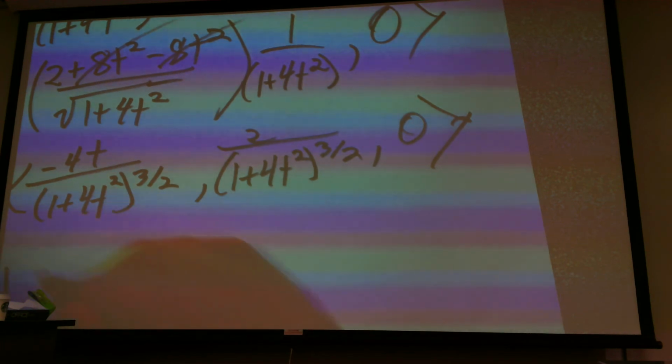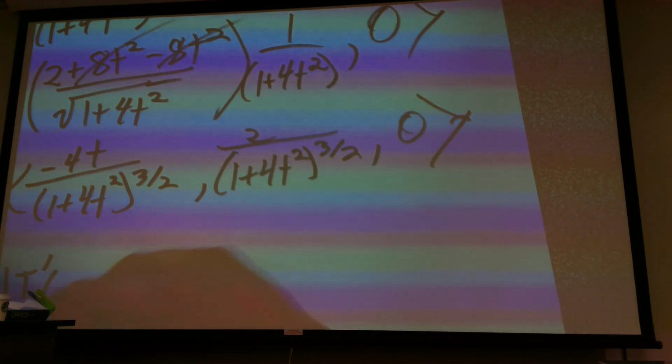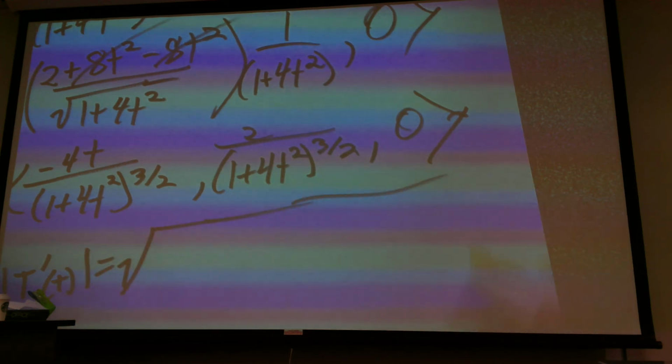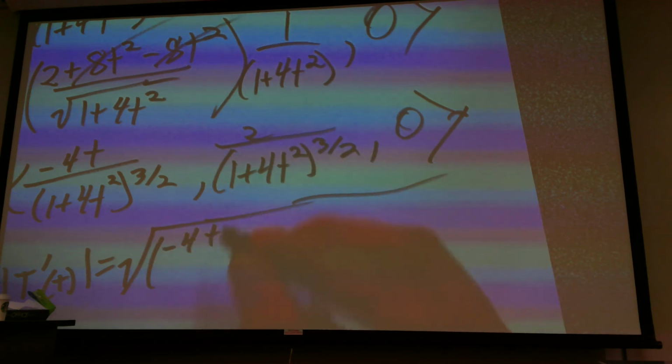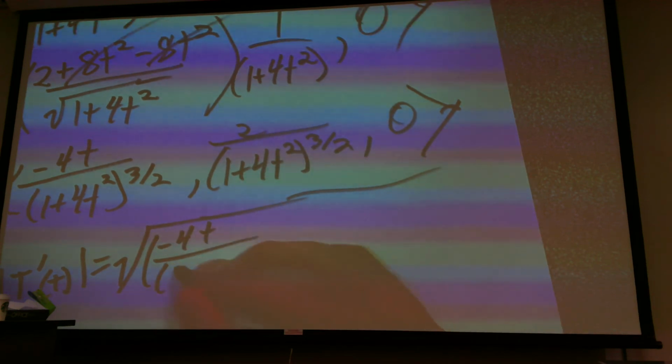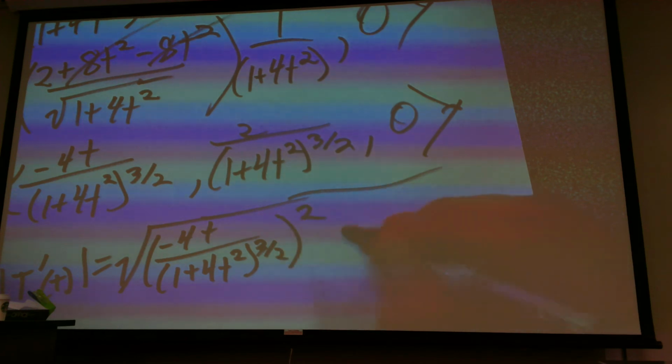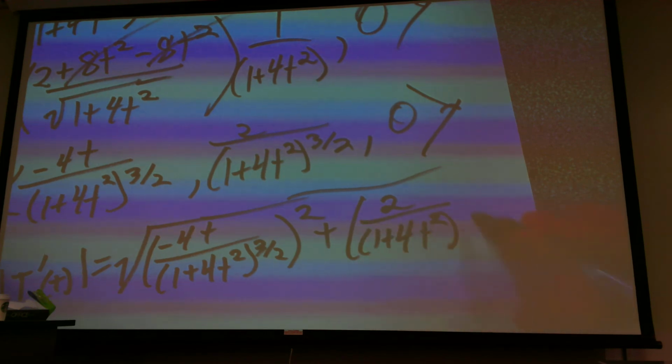So the magnitude of T prime of t is going to equal now the square root. All right, so this is going to be negative 4t divided by 1 plus 4t squared to the 3/2. Now squared, I'm going to leave the 0 off. That's going to be 2 divided by 1 plus 4t squared raised to the 3/2, and all of that has to be squared.